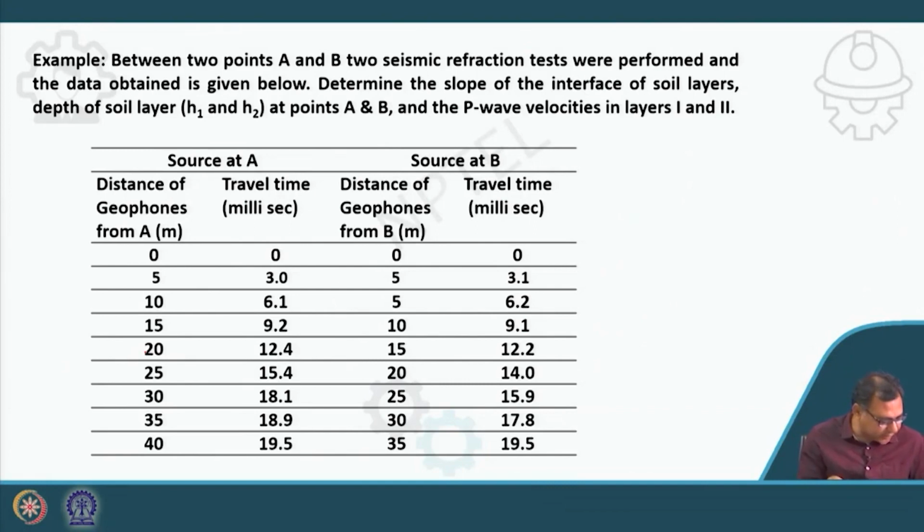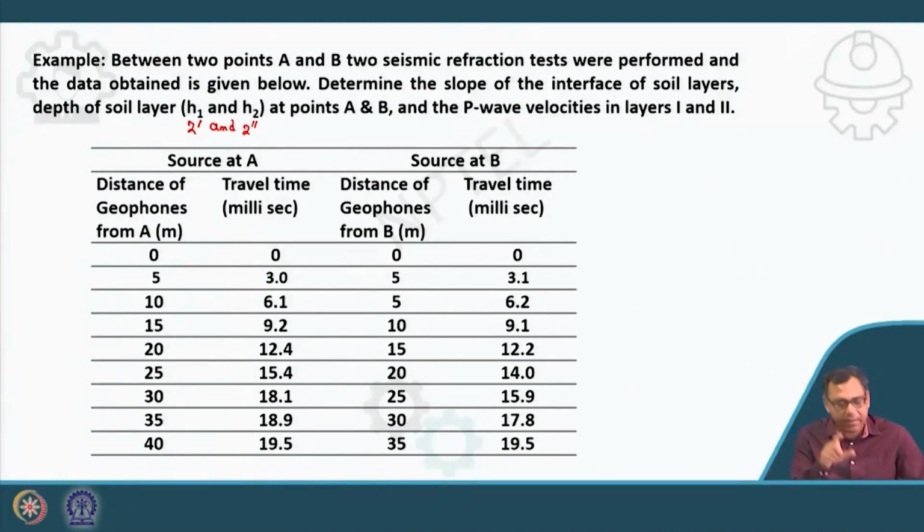Here you can say that will be your Z dash and Z double dash, and if you know the beta, you can calculate the H dash, H double dash also. Here H1, H2 means the Z dash, Z double dash at points A and B, and the P wave velocity in layers 1 and 2. So these are the data.